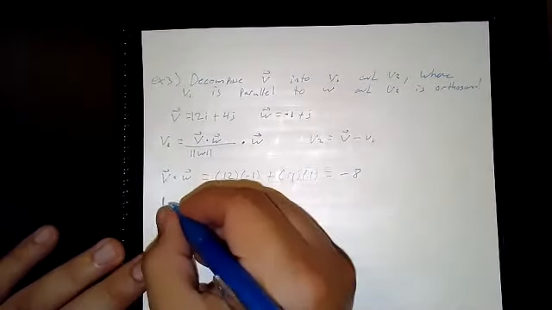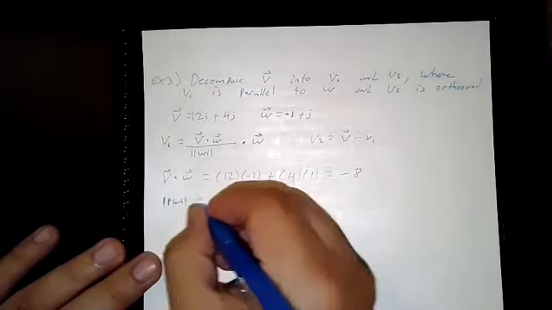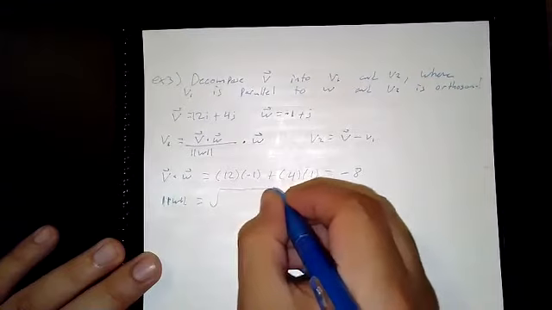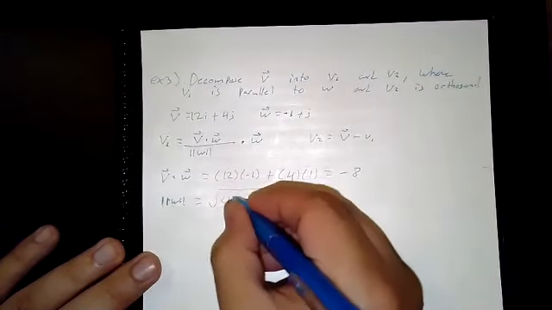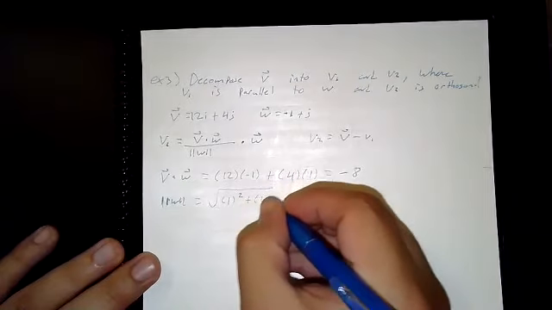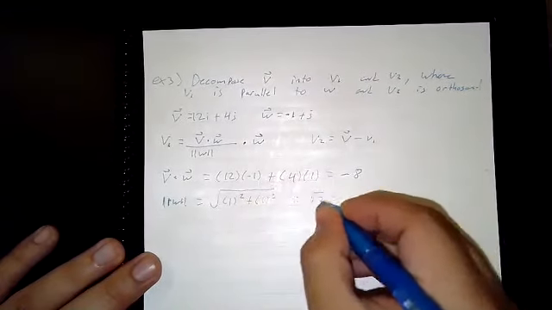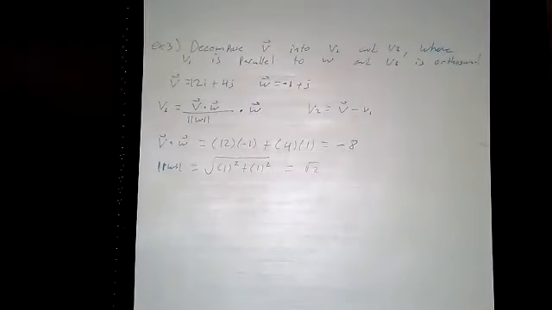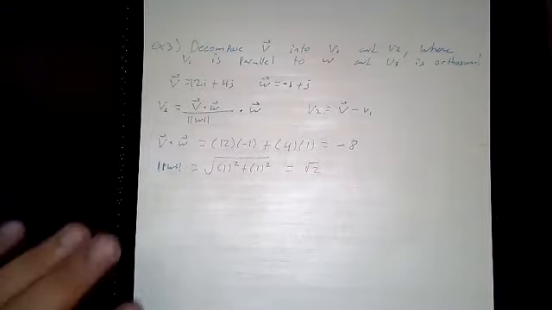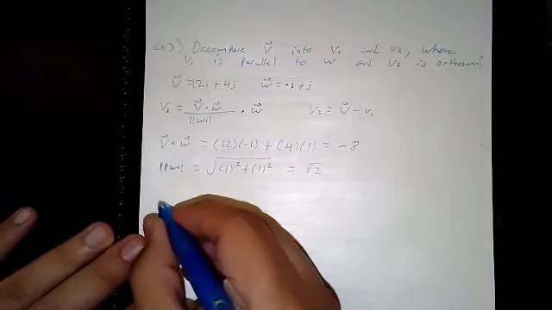We need the magnitude of w, which will be 1 squared plus 1 squared. That's all we need.